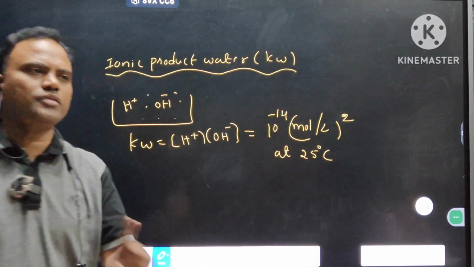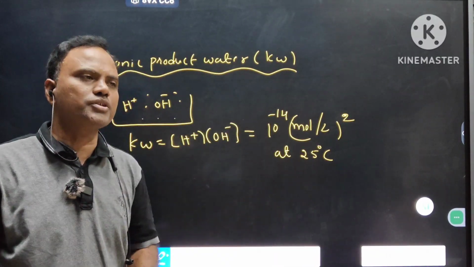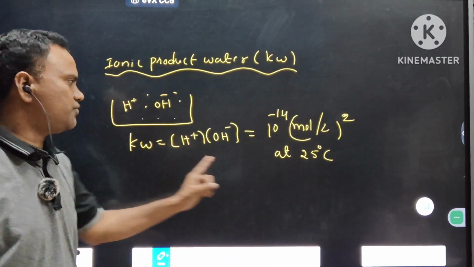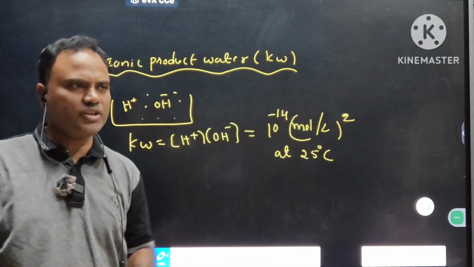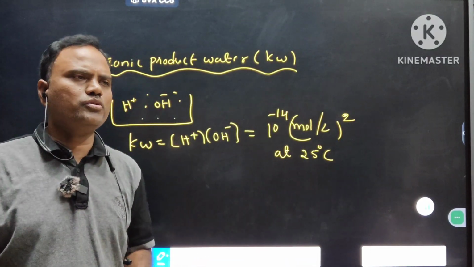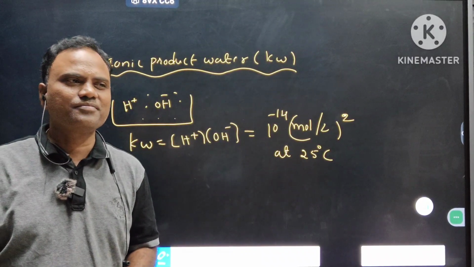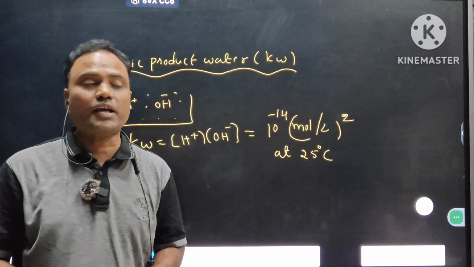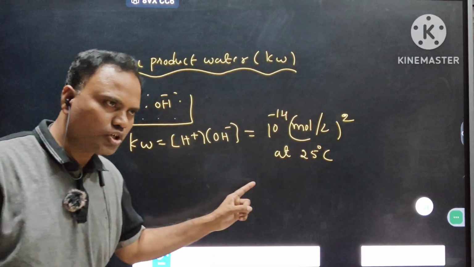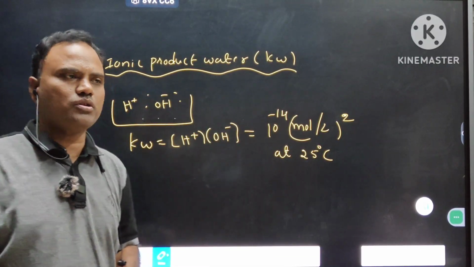And one very important point, can I use this relation for aqueous solutions? Actually, this is for water. Ionic product of water I mentioned, means this relation is purely used for water, no problem. Can I use it for aqueous solutions? Yes, we can use it for aqueous solutions also. Not only for water, we can use this expression for aqueous solutions also.